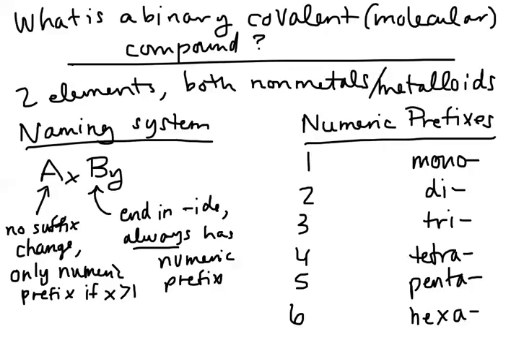All right. For example, you know what this is. What is this, just from your knowledge? Carbon dioxide, which is a problem right now for climate change. And carbon dioxide follows these rules because the first element is carbon.